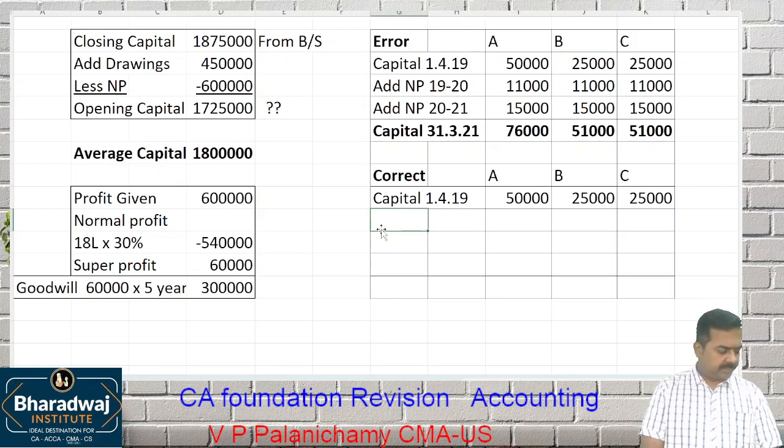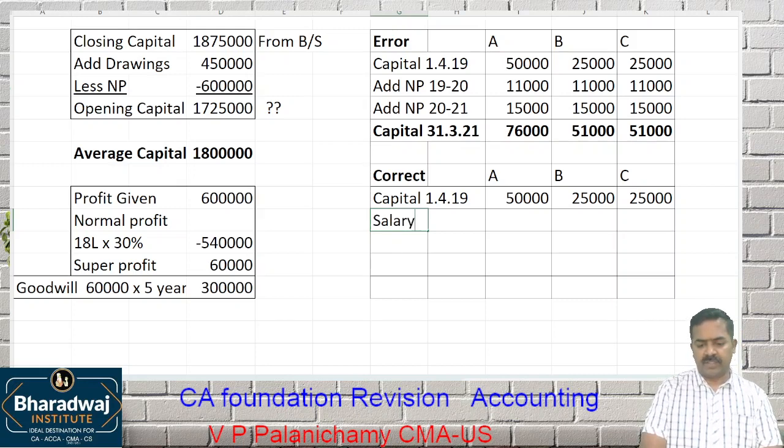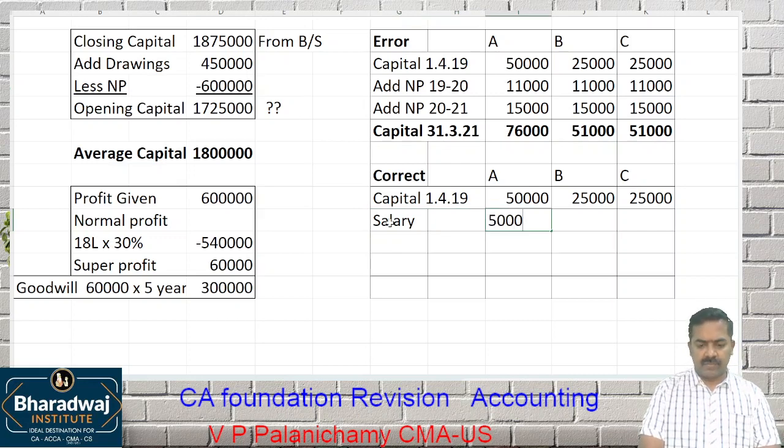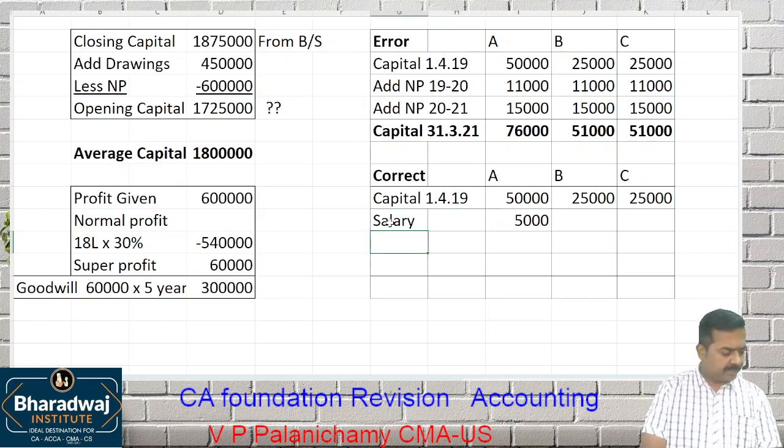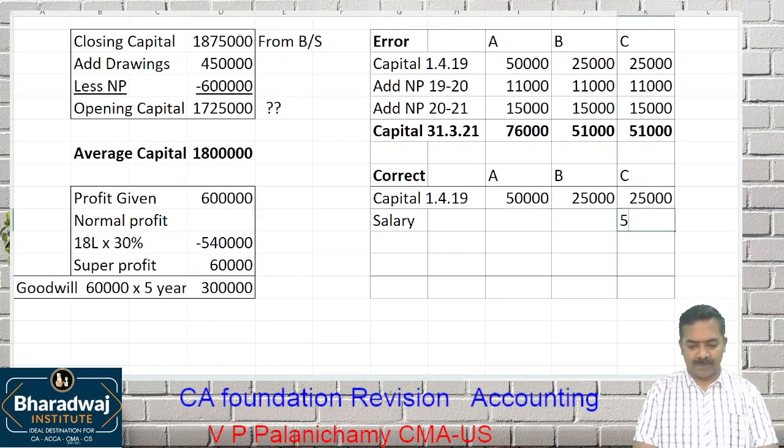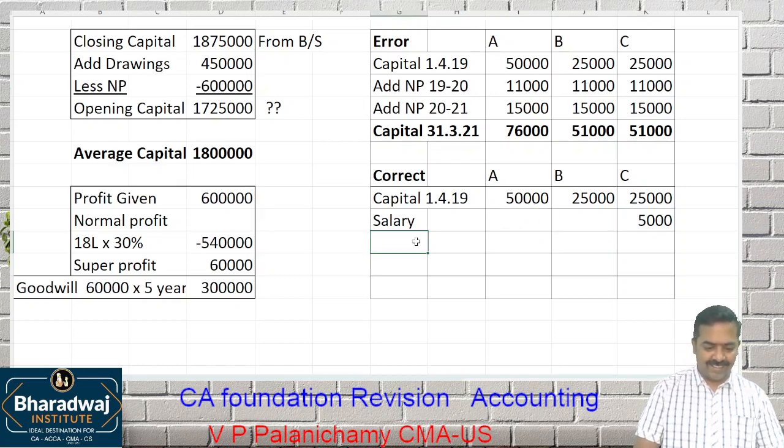What we should have done? We should have provided which one? Salary for A, how much? 5,000. Then the C was intended. Oh, C. Yeah, we are making another error. Then interest on capital.